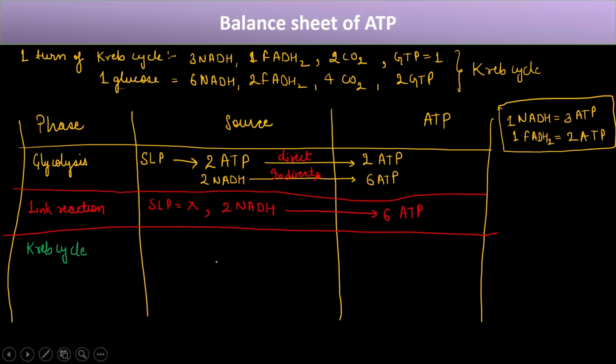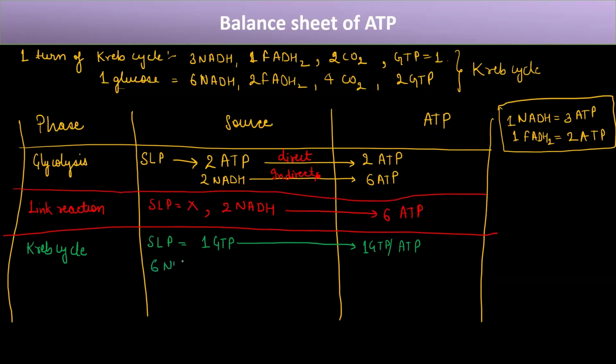Now in the Krebs cycle, we know the substrate level phosphorylation produces 1 GTP, right? So 1 GTP goes here. You can write either GTP or ATP. Okay, we have 1. And then how many NADH do we have?